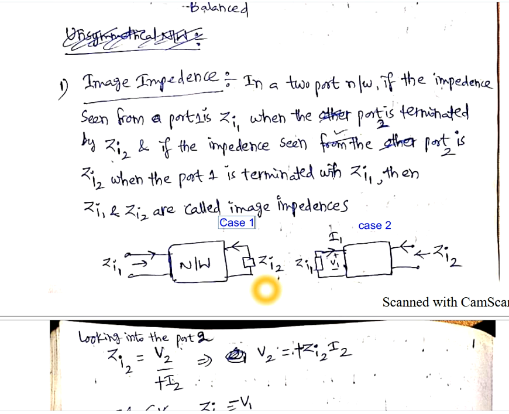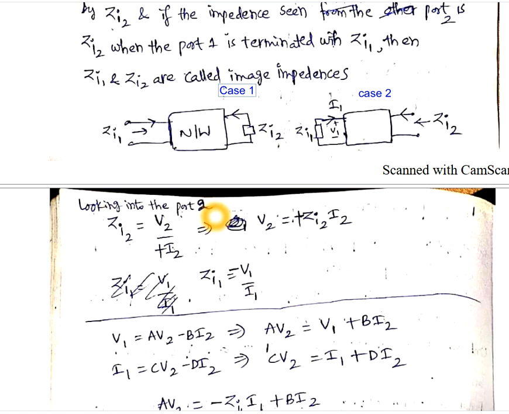Now, in order to derive these Zi1 and Zi2, we need to consider these two cases and get equations and then solve them, because we will get two equations in two cases and there are two unknowns, Zi1 and Zi2. First we will look into port 2, that is case 2. For this case 2, Zi2 is equal to V2 by I2. From this we can write V2 is equal to plus Zi2 I2.